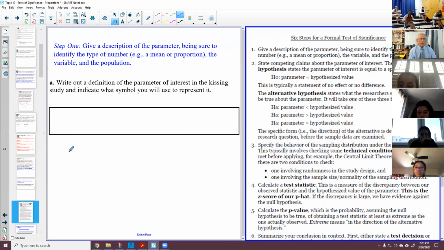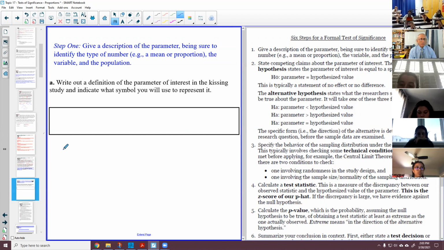So if I was to do that on this problem here, I would say, let me think, how would I say this? Indicate the parameter of interest.